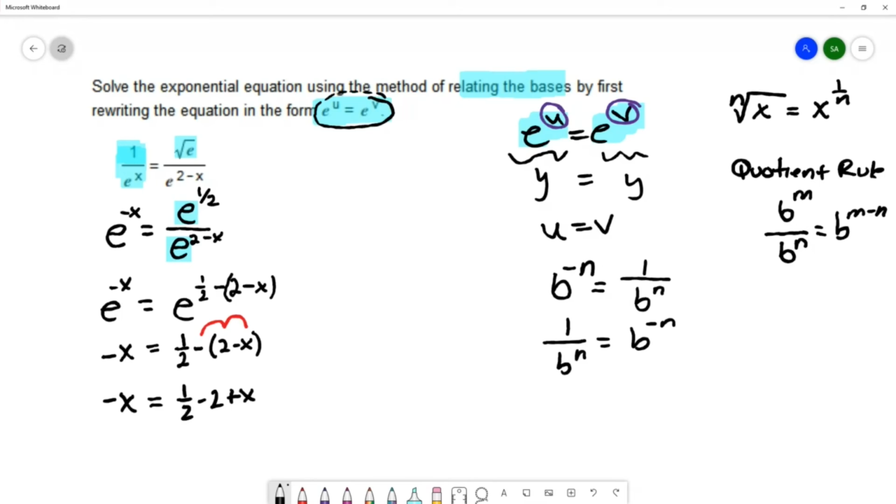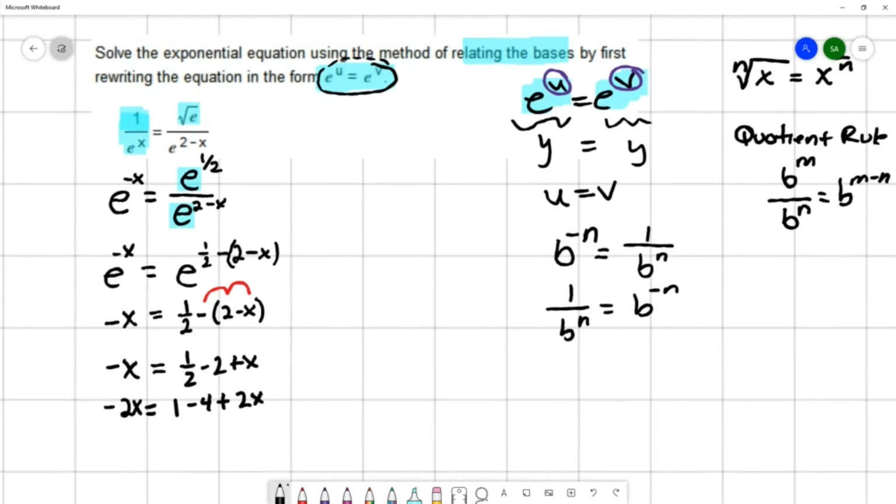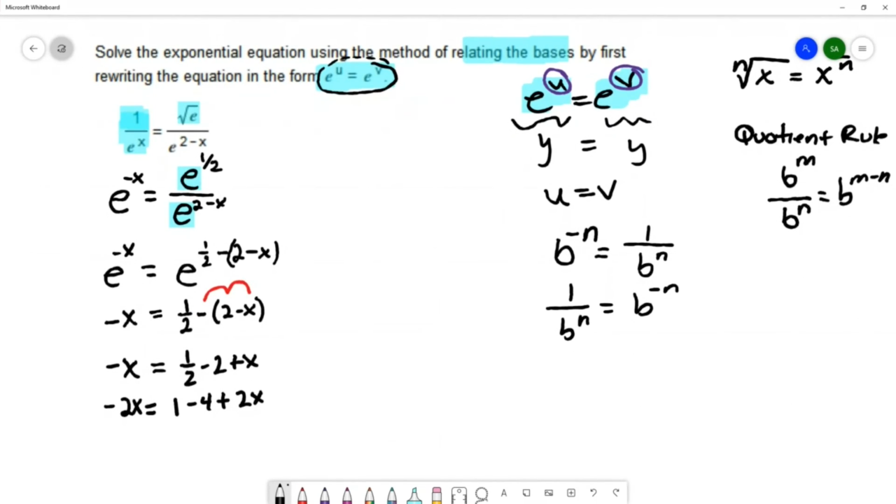I don't like it when I have fractions in my problem, so the next thing I'll do is multiply every term by 2 to clear out the fractions. That would give negative 2x equals 1 minus 4 plus 2x. That's what I get by multiplying by 2 on every term. And now I can combine like terms.